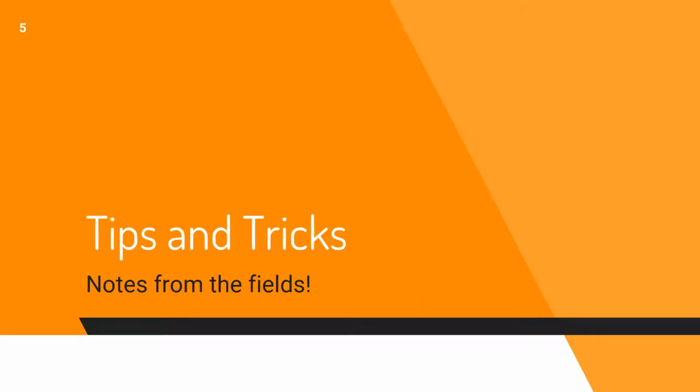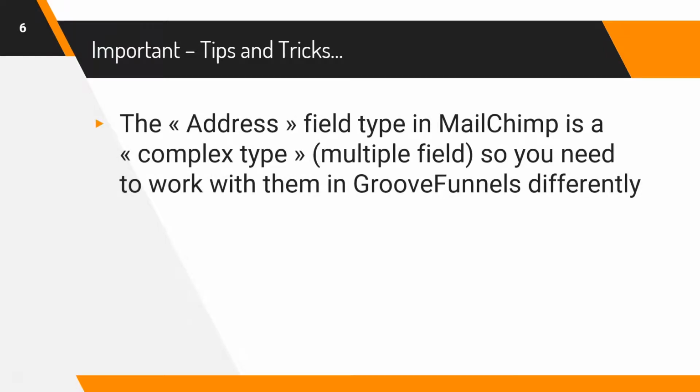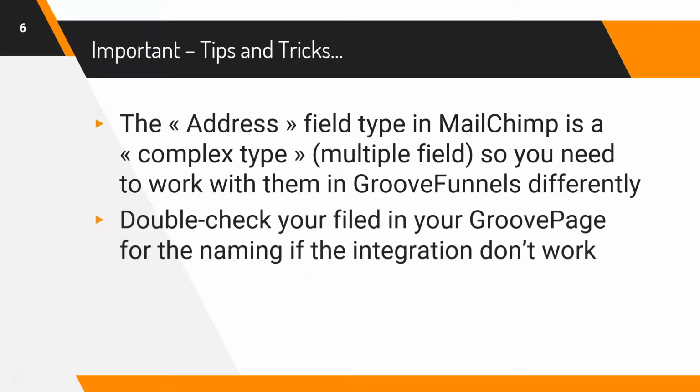Tips and tricks, note on fields. Working with MailChimp and GrooveFunnel, I understood that the address field in MailChimp is a complex data type, meaning that the address field represents multiple fields. So when we work with GrooveFunnel, we will need to handle it differently.